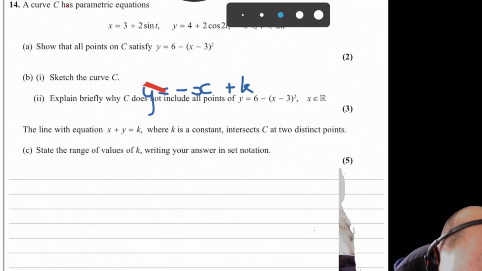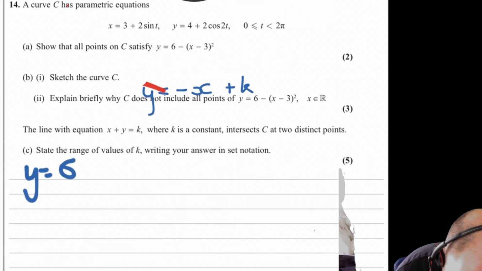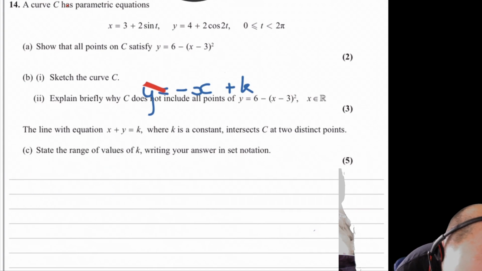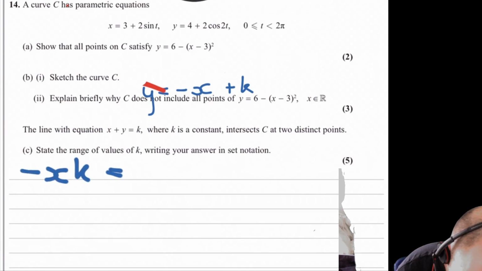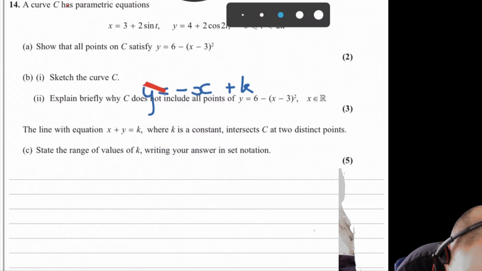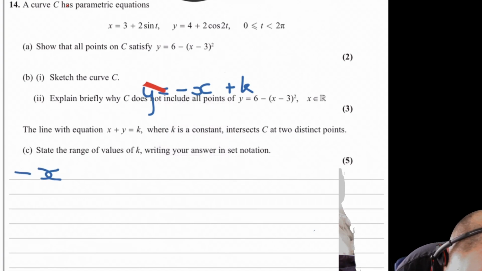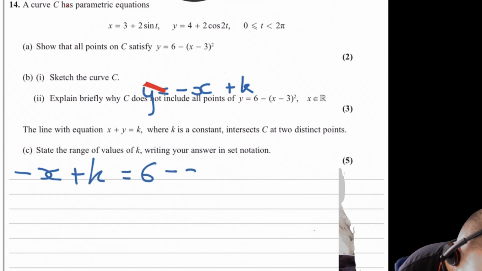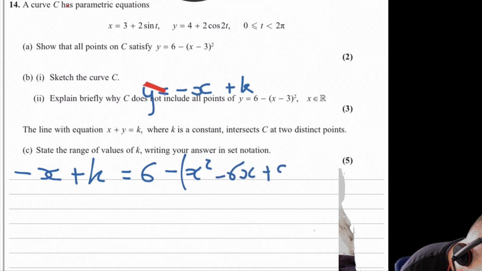So for the upper root then, let's say y equals 6. So y equals minus x plus k. So minus x plus k equals 6. Expand that, x squared minus 6x plus 9.